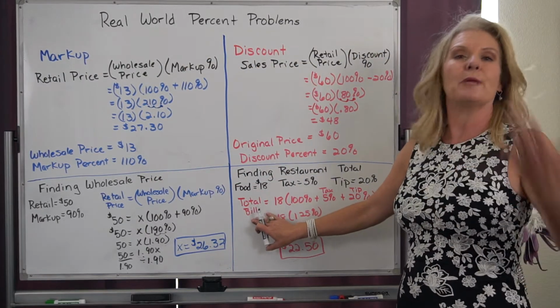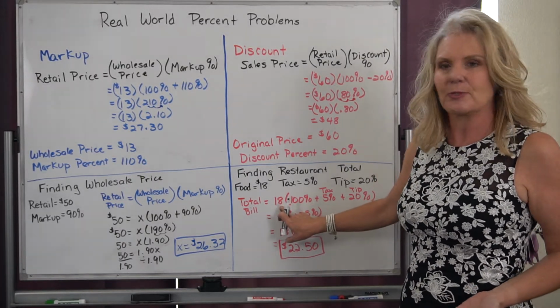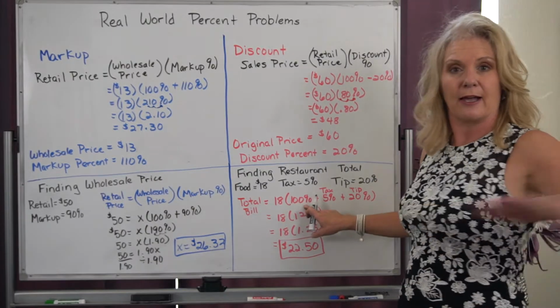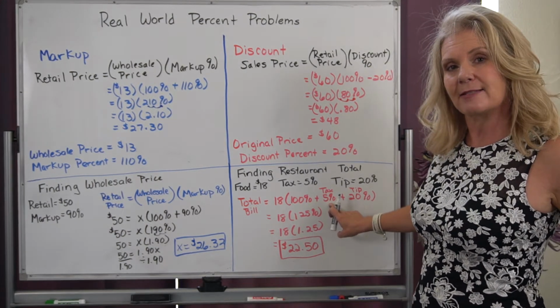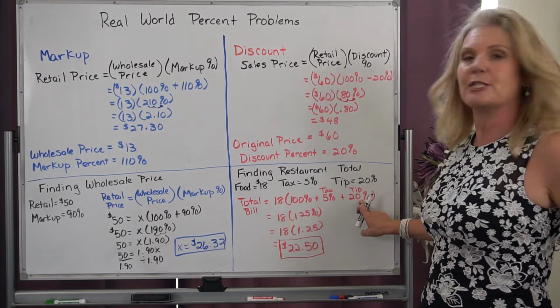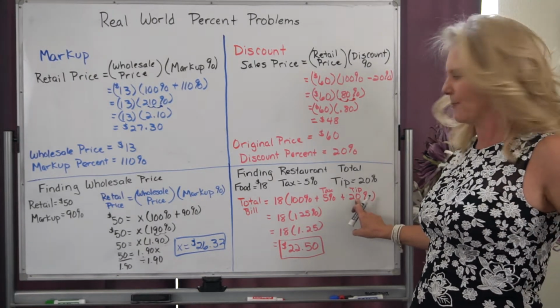So my total bill, I don't know yet, but I know I'm going to have to pay the $18, which represents 100% of that food bill. To that, I'm going to add my 5% sales tax, and I'm going to add my 20% tip.